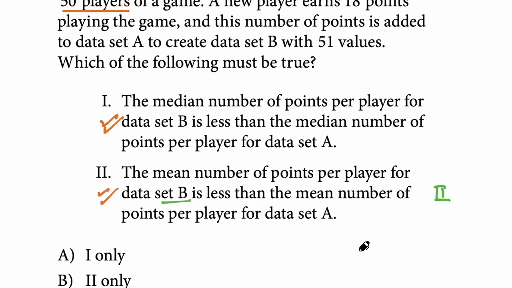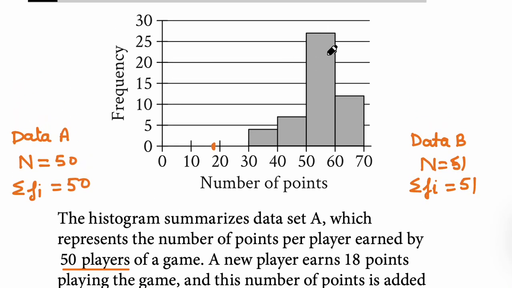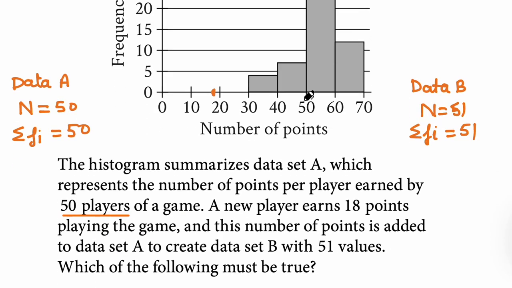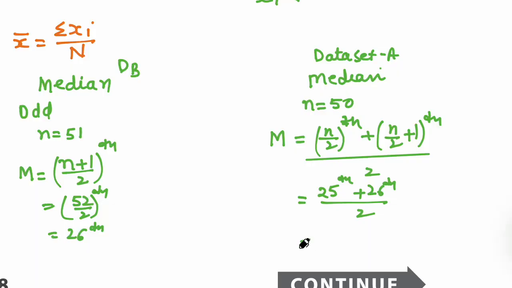Now if I go back to the data, the 25th and 26th observations are somewhere here, but we are not sure whether they are equal or not equal. We cannot find this with the help of the histogram. If the 25th and the 26th observations are equal, then the median will be the 26th itself, so in that case they are the same.